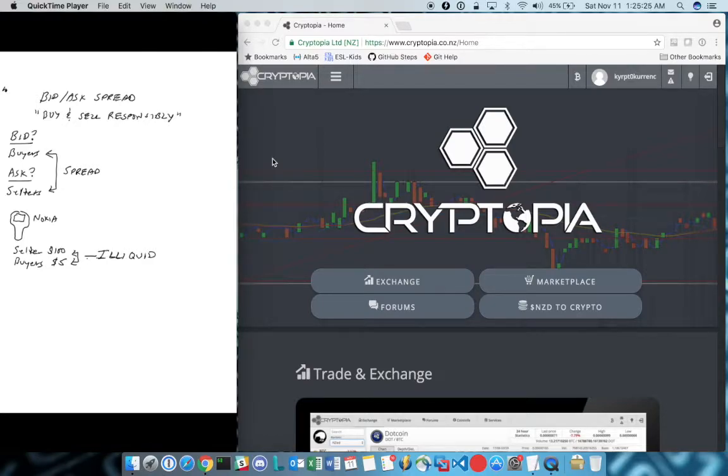Liquidity means flowing, right? You can think about it as water or some type of material like that. If something is liquid, it tends to flow, right? From buyers to sellers. In this case, an asset that can flow between buyers and sellers quickly and easily and efficiently would be considered liquid.